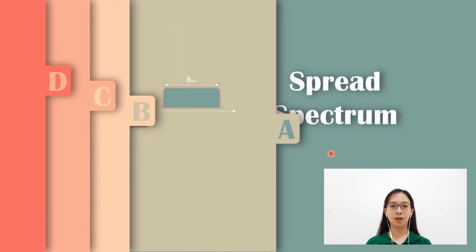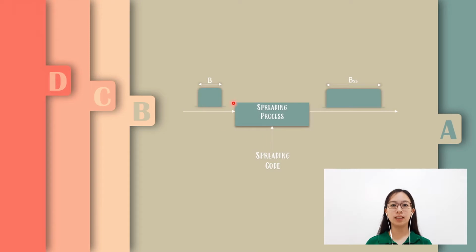For example, there is an input signal with bandwidth B that would pass through the spread spectrum or spreading process. Then, it would produce a new bandwidth which is much larger than the input signal and is called the corresponding spread spectrum signal bandwidth, or BSS.